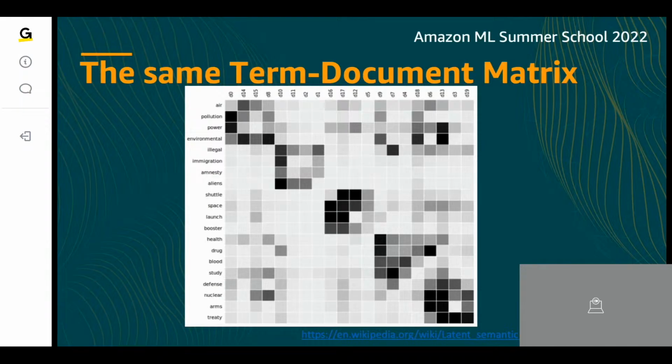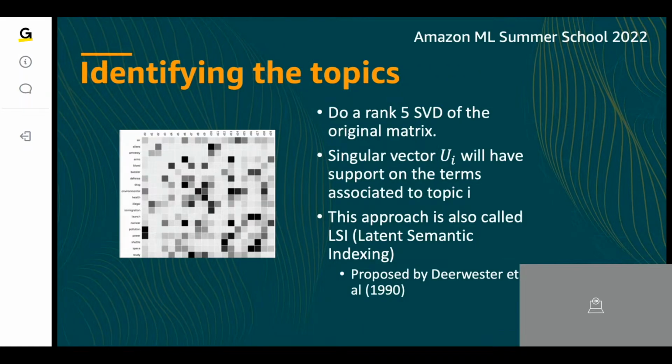In general, this allows you to represent the much larger term document matrix in terms of diagonal elements, and be able to recognize if there is a substructure sitting there. So this is the operation that leads us to what is called latent semantic indexing analysis. It was proposed quite some time back in the 1990s, about 30 years ago now.